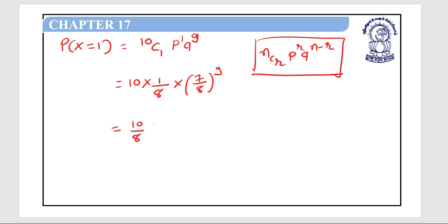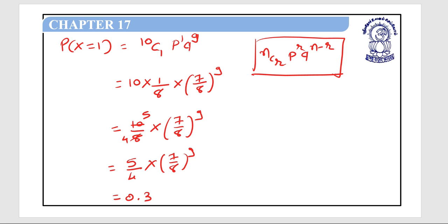So 10 by 8 into 7 by 8 raised to 9. 2 5s are 10, 2 4s are 8, so 5 by 4 multiplied with 7 by 8 raised to 9. Using the calculator, we will get the answer 0.3758.